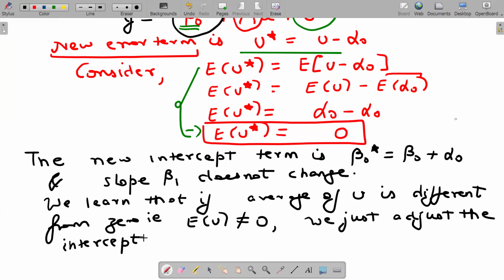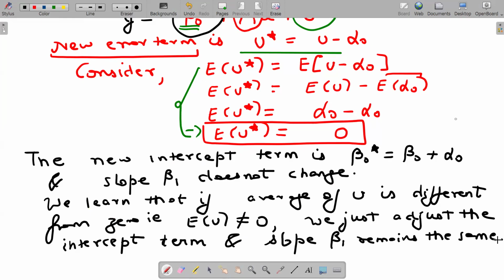From beta naught, we went on to beta naught star, the new intercept term. We just adjust the intercept term and the slope remains the same. The slope, which is beta 1, remains the same, as students can clearly see.